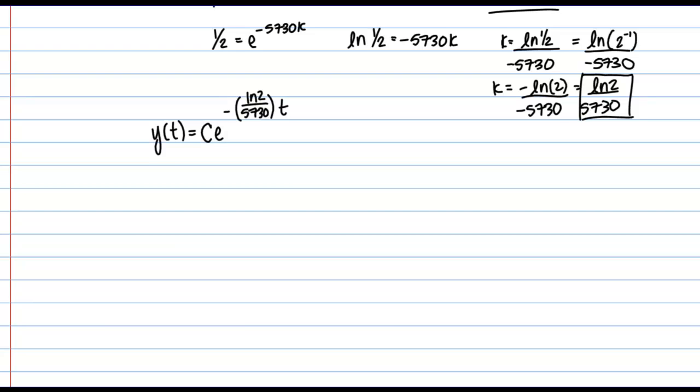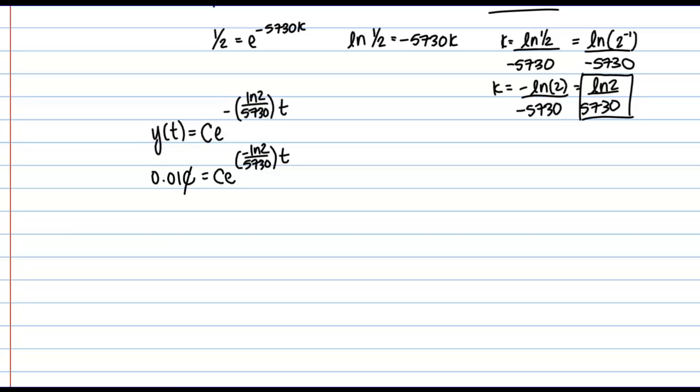In this case, I'm looking for the time when 1% of the original amount remains. So the way I can write that is in terms of C, 0.01 times C. So that's 1% of C equals Ce to the negative ln 2 over 5,730 times t, and then I just solve for t in this equation.